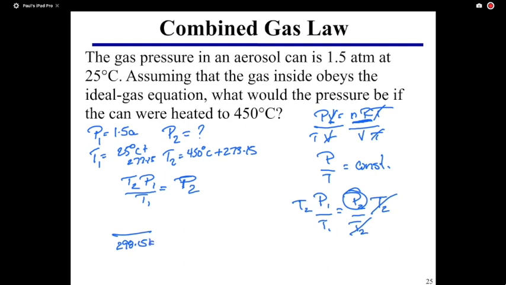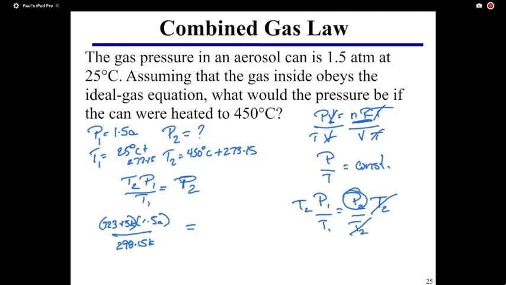So 298.15 Kelvin on the bottom, 1.5 atmospheres on the top, and, all right, 723.15 Kelvin times 1.5 atmospheres divided by 298.15 Kelvin comes out to be, yep.